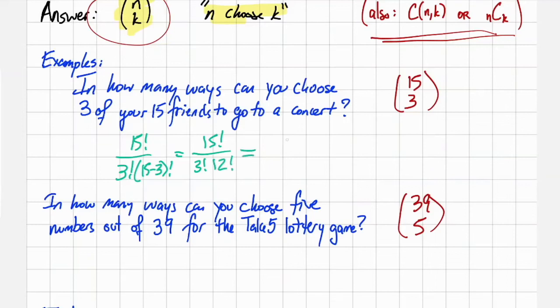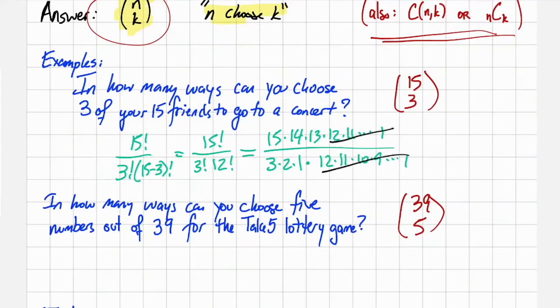We can simplify this expression by writing this as 15 times 14 times 13 times 12 times 11 down to 1, divided by 3 times 2 times 1 times 12 times 11 times 10 times 9 down to 1. We notice that a number of these factors divide to 1, and so we're left with 15 times 14 times 13 over 3 times 2 times 1, which when you calculate gives you 455.